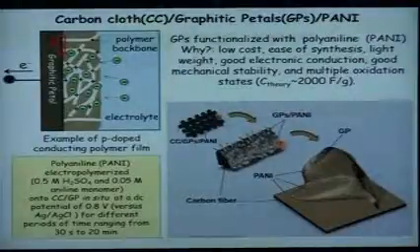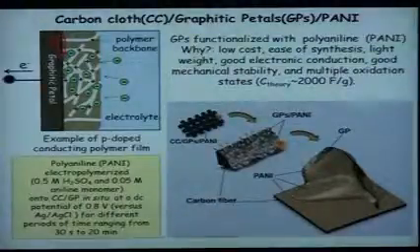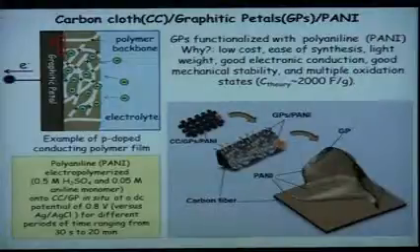And so what we did in this work was to take the petal, and we added a layer of polyaniline. Polyaniline is one of those polymers that has a pseudocapacitance to it.